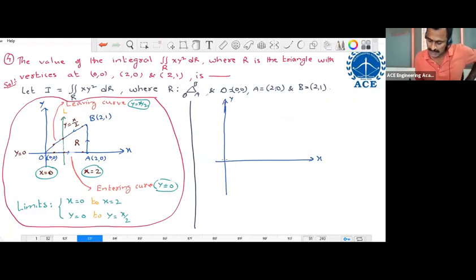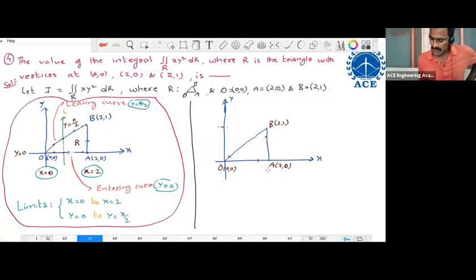Y-axis, x-axis, triangular region, O (0, 0), A (2, 0), B (2, 1). The equation of the y-axis is x equal to 0.